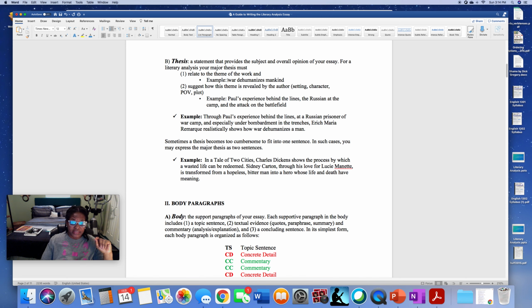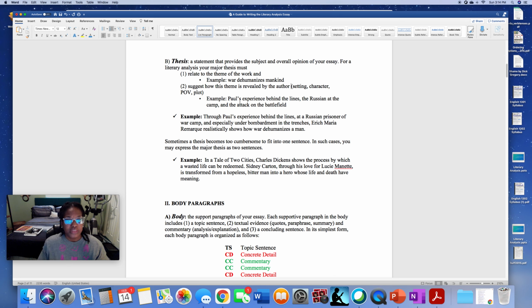So let's take this theme, and then we're going to make a claim about this theme, and we're going to put those two things together, and we're going to have a thesis statement. Right? An example of how the theme is revealed by the author is going to be through Paul's experience behind the lines, through the Russian at the camp, and through the attack on the battlefield. Right?